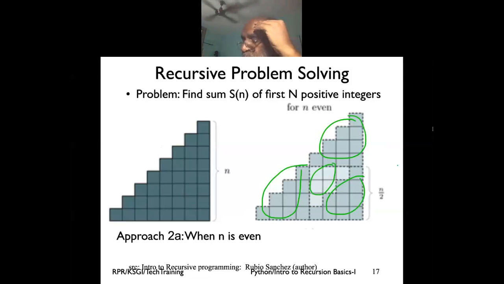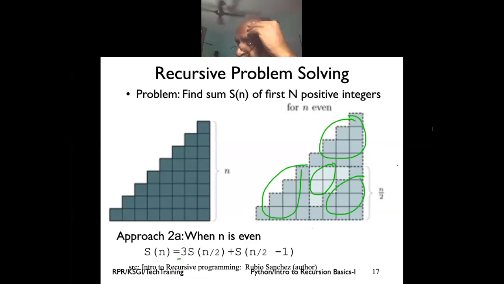So 3 problems of size n by 2 and 1 problem of size n by 2 minus 1, and this will give me the answer. This is when n is even.